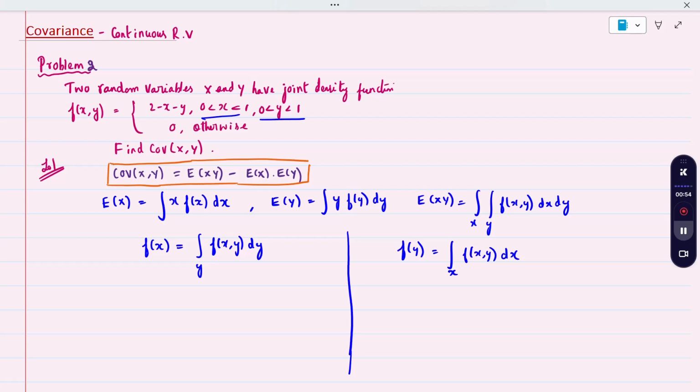It's nothing but the marginal density function for x. In the same way, the marginal density function for y, f of y.